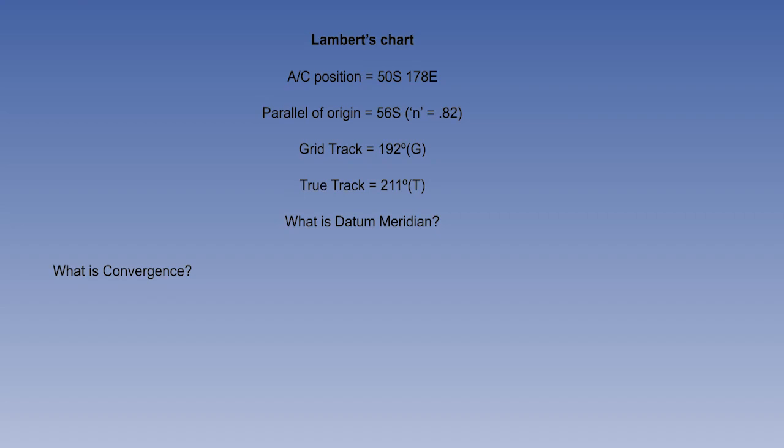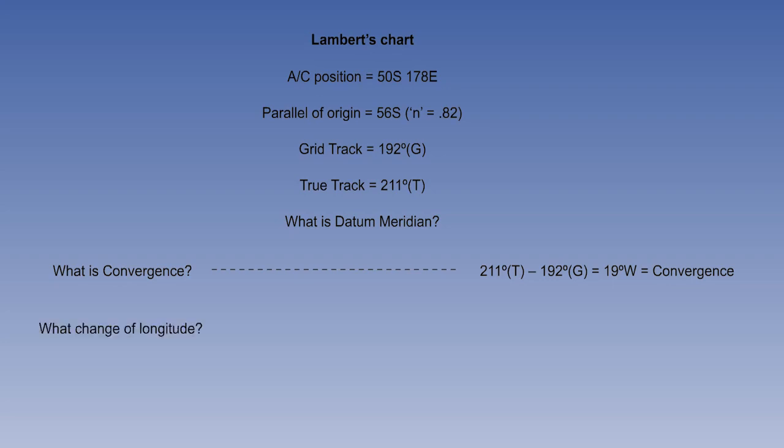So, we need to find the change of longitude between the aircraft position, which we know, and the datum, which we don't. So, the first question is, what is the convergence? It's the difference between grid and true track. In this case, it is 19 degrees, and it must be west, because true is the bigger number.